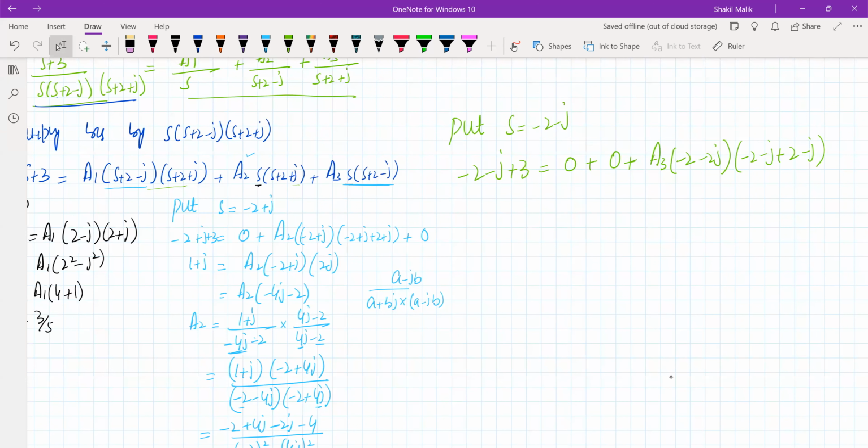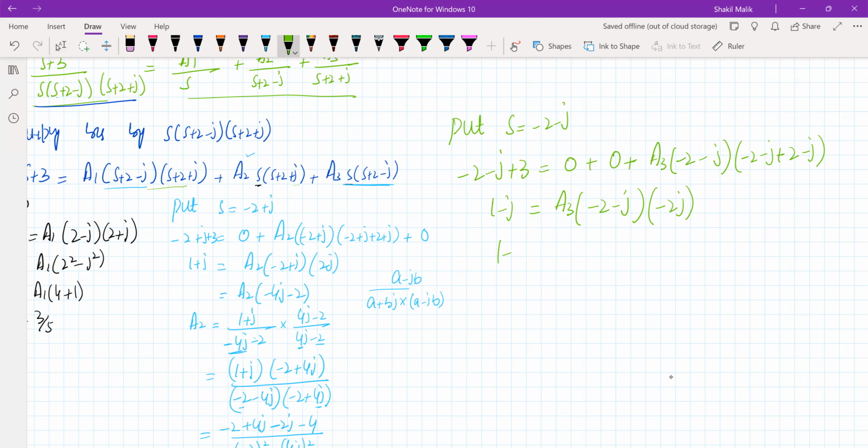All right, so how much is this? This is 1 minus j, that's equal to a3 into minus 2 minus 2j, sorry, not minus 2j, minus j. So it is minus j, not minus 2j. So the 2 and 2 will cancel here. We will be left with minus 2j.